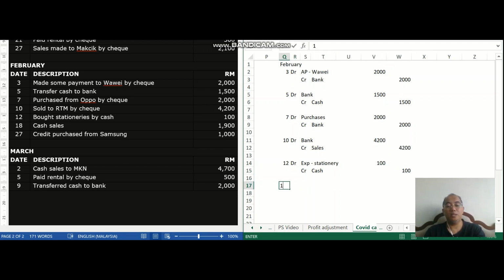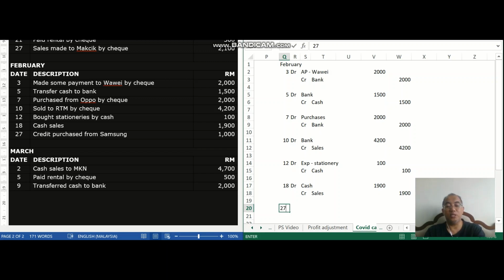And then 18, cash sales. Again, it is a bonus question. So cash sales: debit cash, credit sales. How much? 1,900.